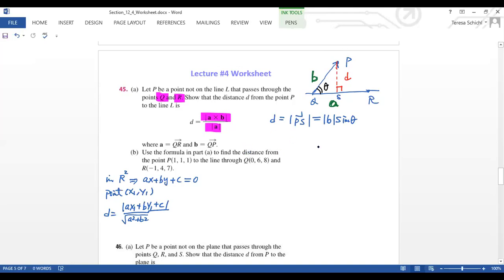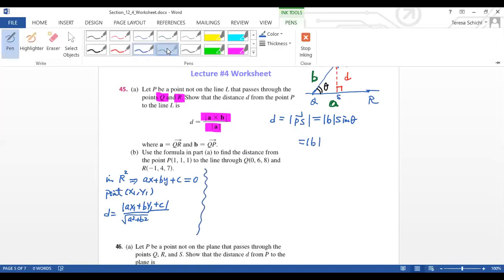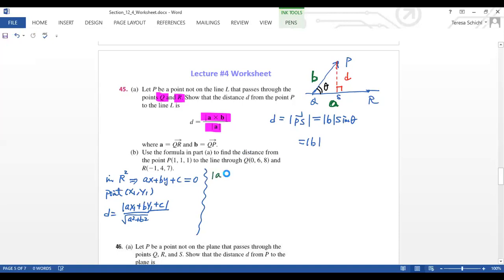And then what is the sine theta? By that very famous formula we did. Let's try to refresh the memory. We said A cross B is equal to |A||B| sine theta, right? So what is the sine theta here?